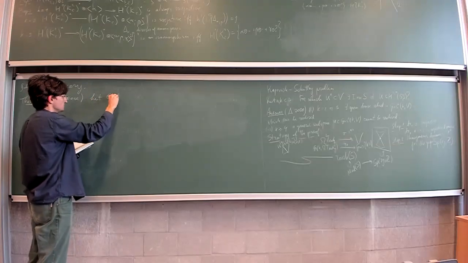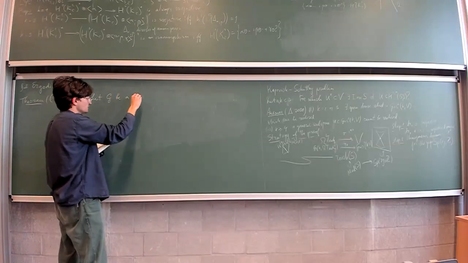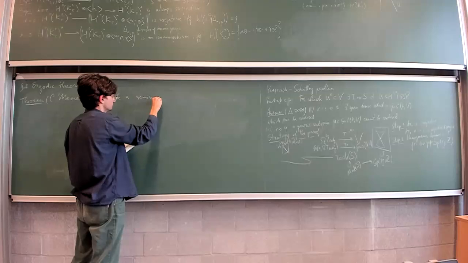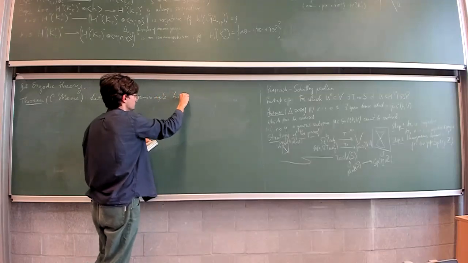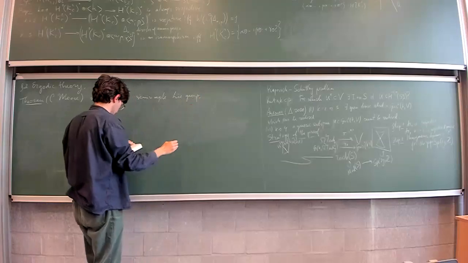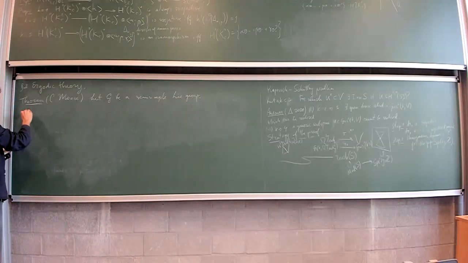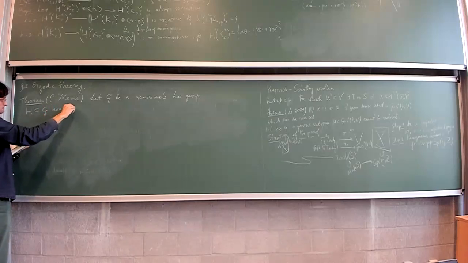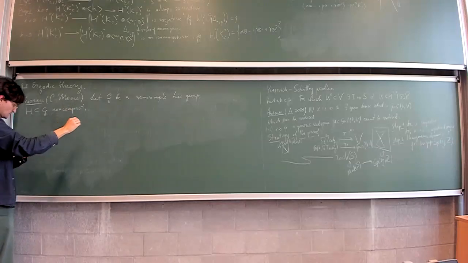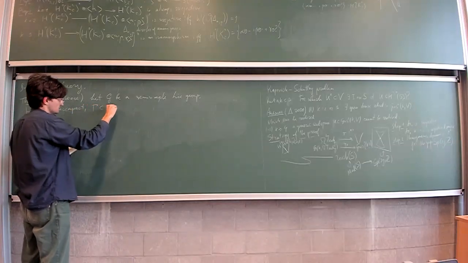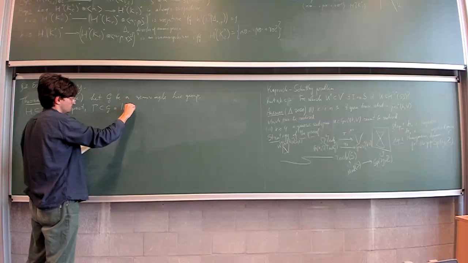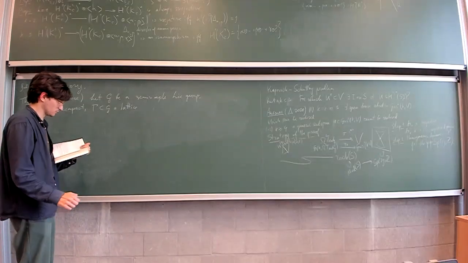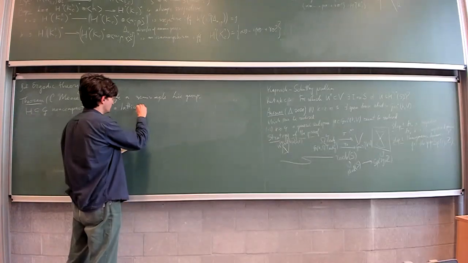Let G be a semi-simple Lie group, H inside G non-compact, and gamma inside G a discrete subgroup of finite covolume with respect to Haar measure.